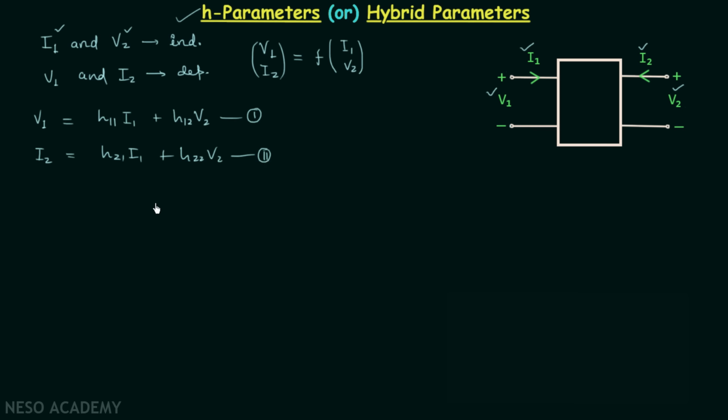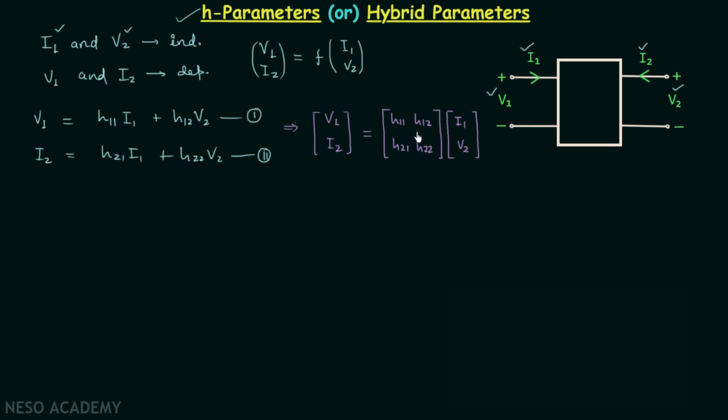And we know how to obtain the matrix form of the two equations. We will have one 2 by 1 matrix having the elements V1 and I2. V1 and I2 are the elements of this 2 by 1 matrix, and this matrix will be equal to the product of 2 by 2 matrix and 2 by 1 matrix. 2 by 2 matrix will have the elements H11, H12, H21 and H22, and this 2 by 1 matrix will have the elements I1 and V2.